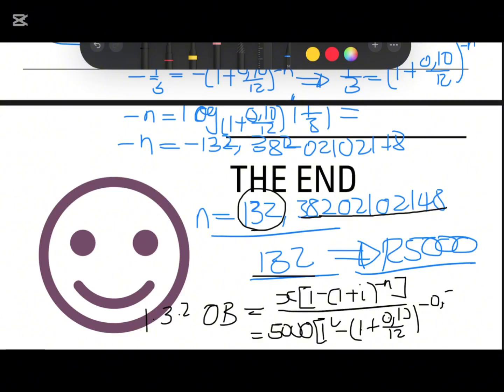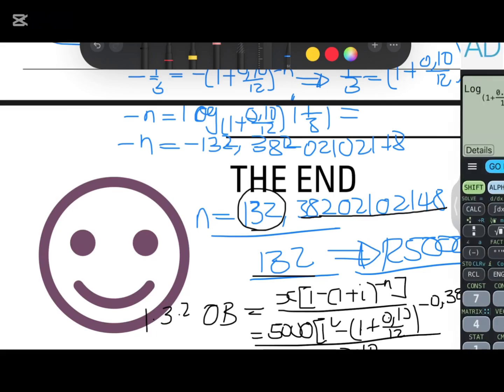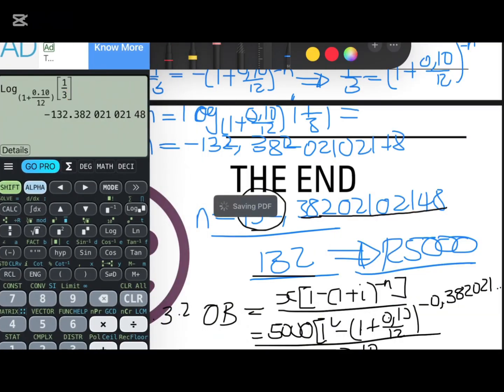Now you'll have the remaining n, that is 0.382021, and then it continues, right? You'll write it up until there. Then you'll have divided by the interest rate, that is 0.10 divided by 12. Then from there, you can press the calculator.